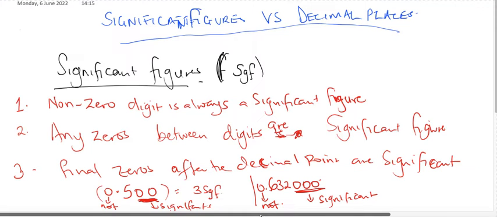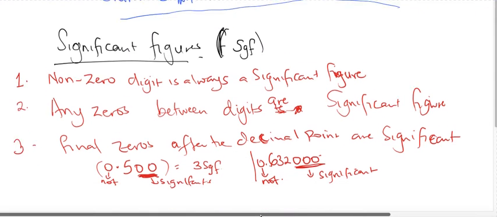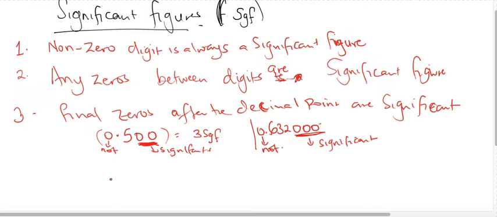But look at this situation. If you have zeros, for example 006, before the digits, these ones are not significant figures. Zeros before digits are not significant.